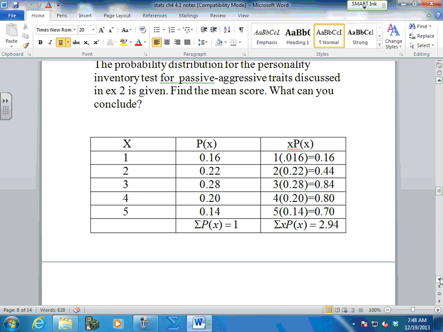In your table, when you do this times this, what your calculator sees is, if this is L1 and this is L2, remember, it multiplies each one of these, gets that, and then it adds it all up. And in your calculator, it will divide by the sum of all your frequencies to give you your mean.